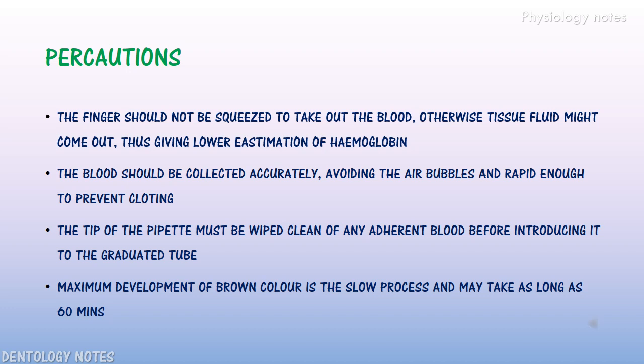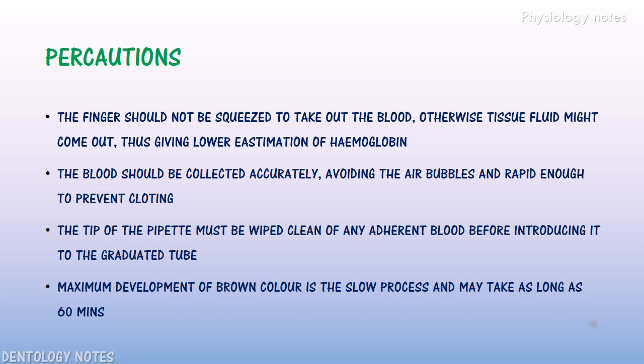Precautions: the fingers should not be squeezed to take out the blood, otherwise tissue fluid might come out, thus giving lower estimation of hemoglobin. The blood should be collected accurately, avoiding the air bubbles and rapid enough to prevent clotting. The tip of the pipette must be wiped clean of any adherent blood before introducing it to the graduated tube.